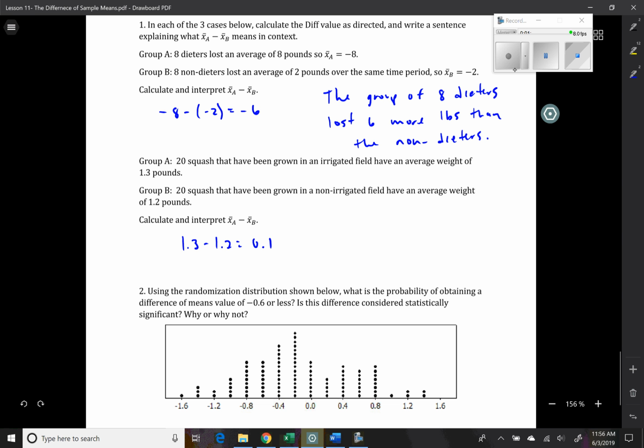So I could say the weight of the irrigated squash is on average 0.1 pounds larger than the non-irrigated.